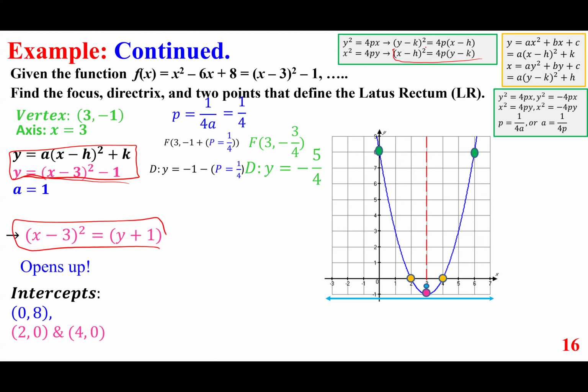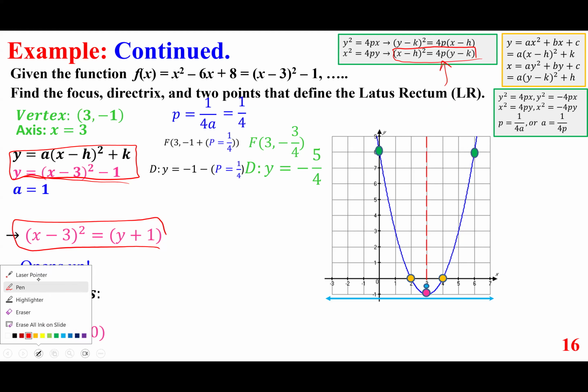Also, this is the format here, reminding you, we said x squared equals 4py, or (x minus h) squared is 4p times (y minus k). And remember, over here, we have 1, 4 times p. All right.